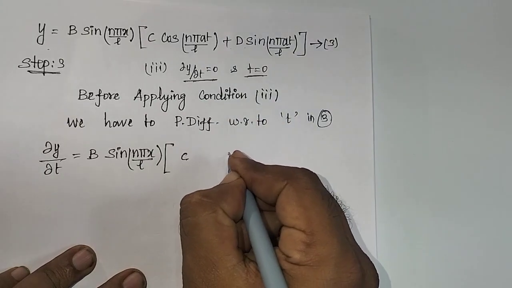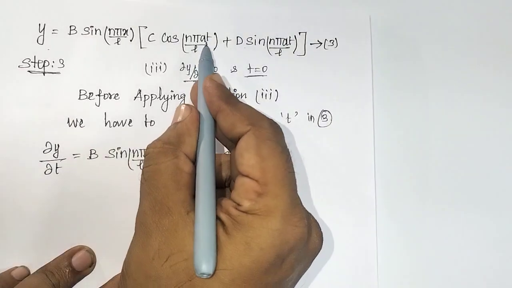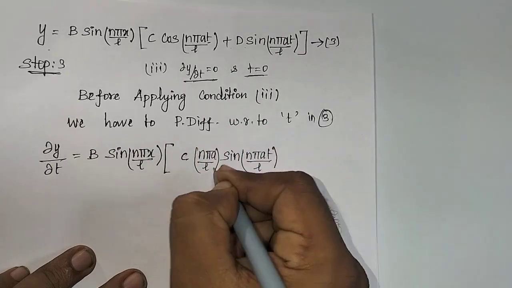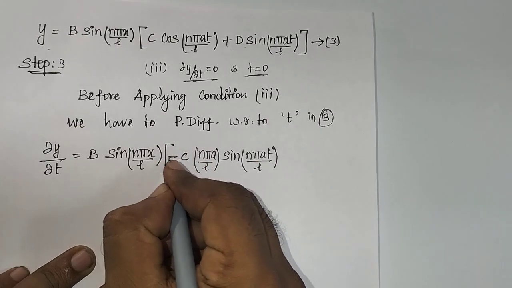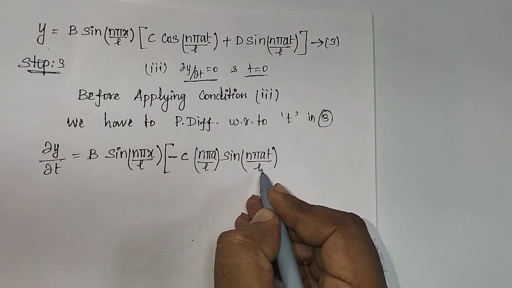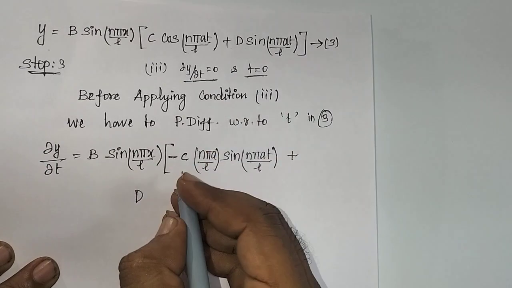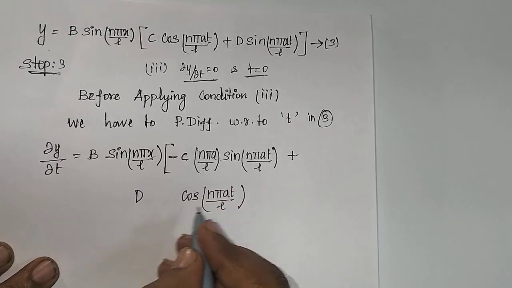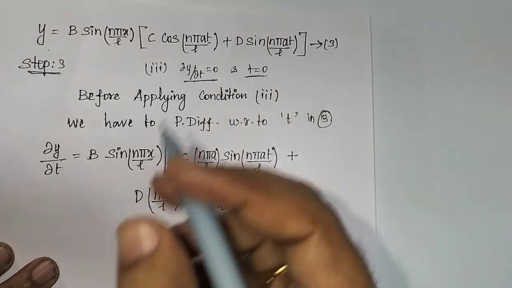Differentiation of cos is sin n pi at by L, then we write the t coefficient, that is n pi a by L. Cos differentiation has a minus sign, so I am writing the minus here. So the differentiation of cos n pi at by L is minus sin n pi at by L into n pi a by L, and plus the second term, d is constant, sin differentiation is cos n pi at by L, and the inner term differentiation with respect to t gives again n pi a by L. Now we have differentiated equation 3.